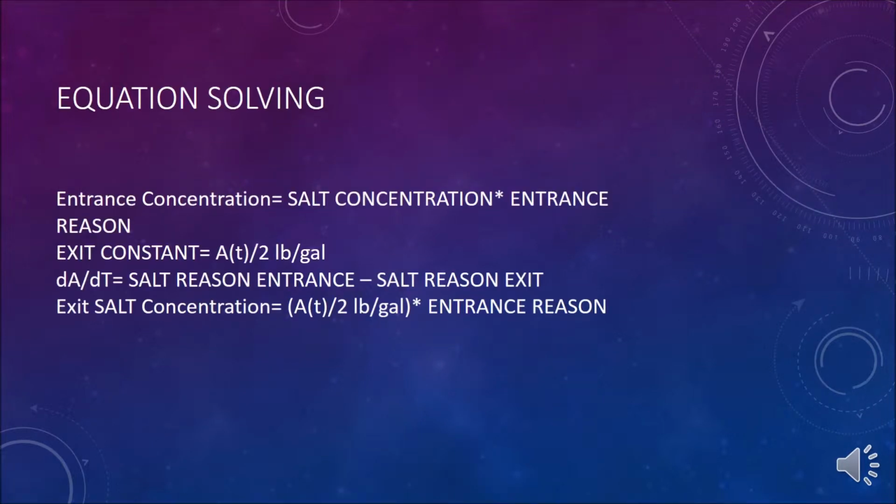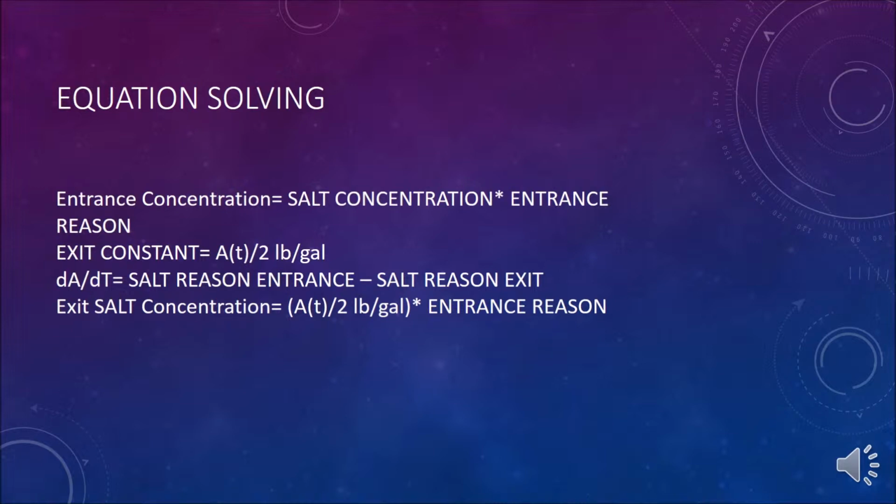Now the equation solving. First, we have the entrance concentration, which is equal to salt concentration times the entrance rate of water. Then the exit constant is A(t) divided by 2 libras, which is the same as pounds, over gallons.